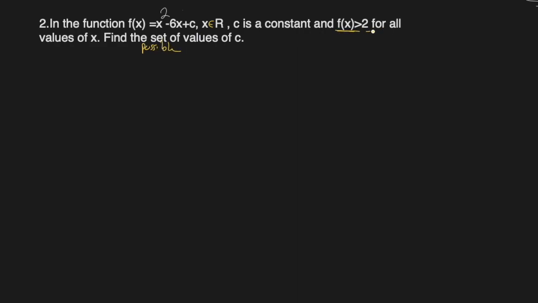So for all values of x, that means they have given us the range. They have given us the range y is greater than 2. What they mean is that if this is our graph, this is the x-axis, this is the y-axis, and we have 2 here, our graph is always above this, and it's a parabola because it's a quadratic. It is above 2.